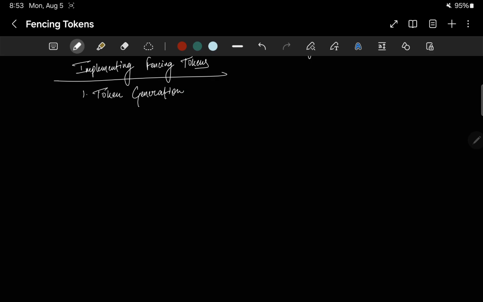Fencing tokens are systematically generated for each operation, typically incorporating unique identifiers, timestamps, or a combination of factors. The process ensures that each token is distinct, thus avoiding conflicts in the operation order.